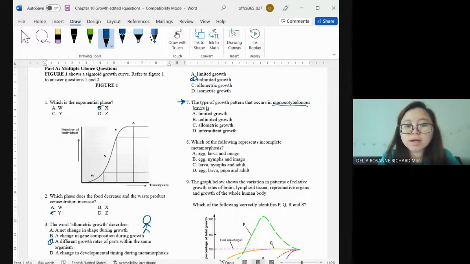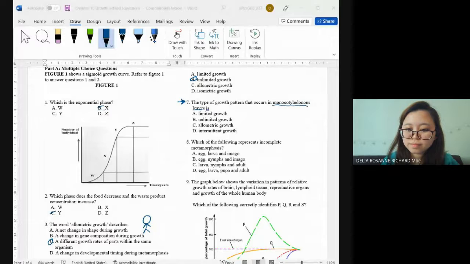Apa contoh organism yang monocotyledonous leaves? Anyone? Beth?